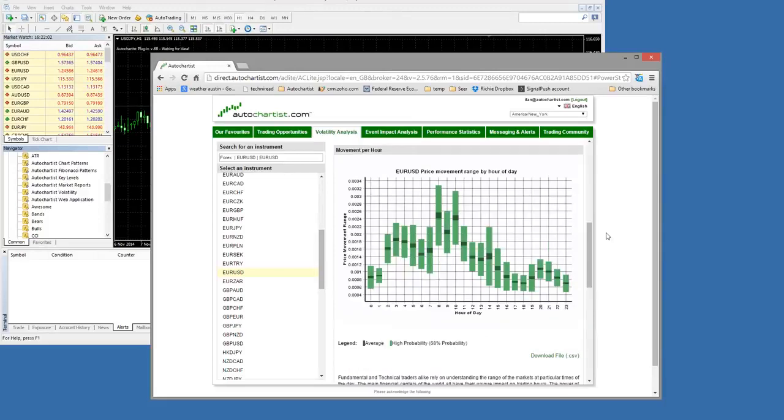What Autochartist has done is go back and look at 6 months worth of data for every hour of the day, for every day of the week, and we aggregate the data for the last 6 months, and that's how we base the levels, and then we show you the price range with a 67% probability. So it is an absolute statistical fact that these are 67% accurate.